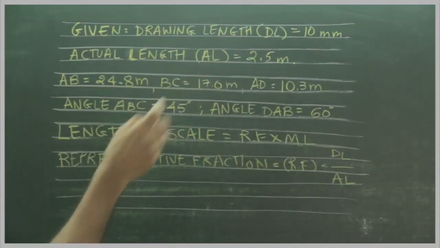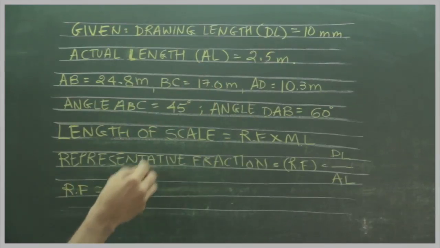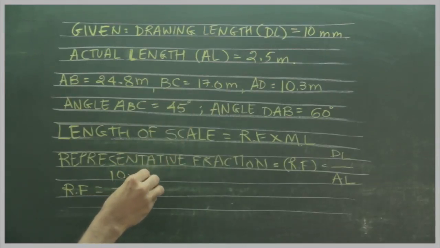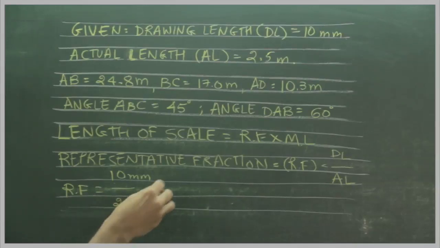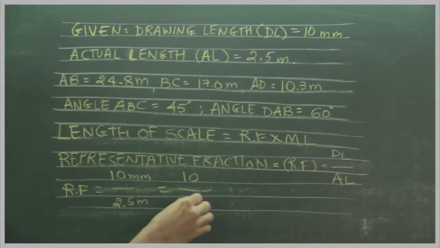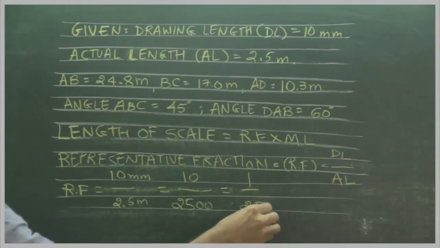So if I want to find out RF, how much is drawing length? 10 millimeter, right? And how much is actual length? 2.5 meter. So that is equal to 10 upon 2500. So that is 1 upon 250 is RF, right?